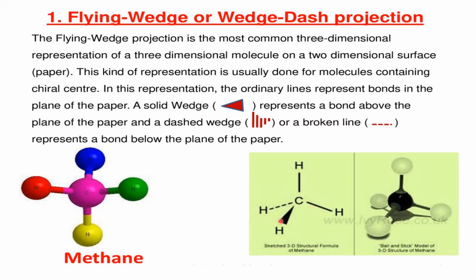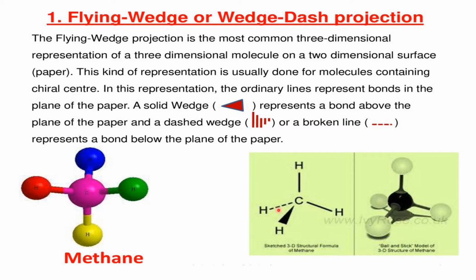This solid wedge represents that the bond is above the plane of the paper. In this picture, if we are representing this C wedge H bond, that means it is above the plane of the paper, and the dotted or broken lines represent that it is below the plane of the paper.